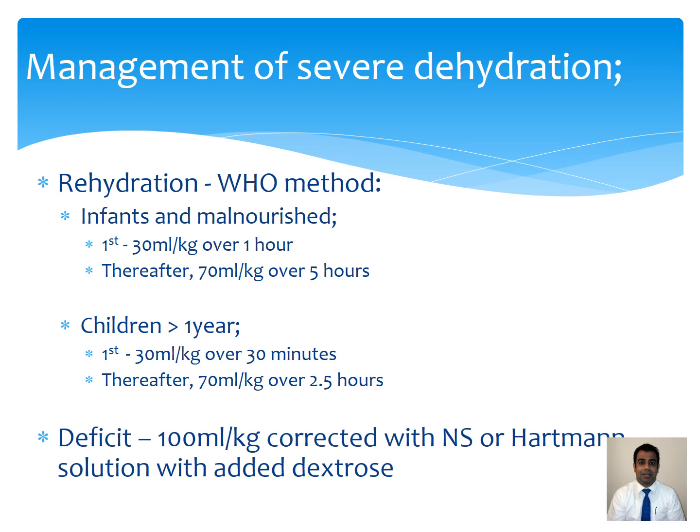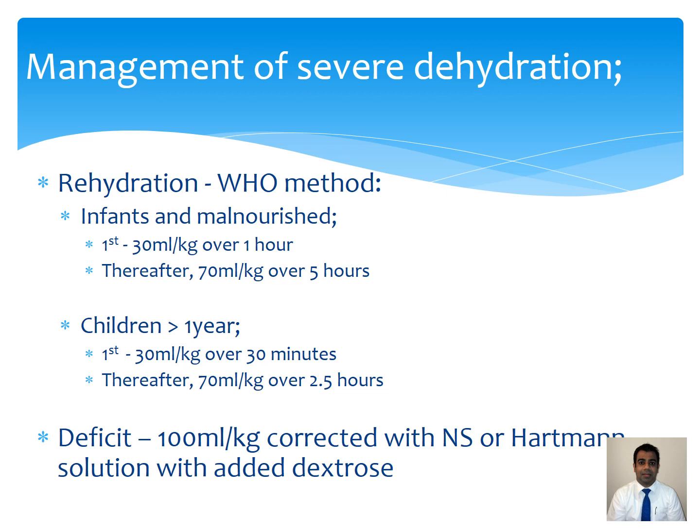So according to the WHO method, in infants and other malnourished children, first you give 30 milliliters per kg of intravenous fluid over 1 hour, and thereafter you follow it with 70 ml per kg over 5 hours.